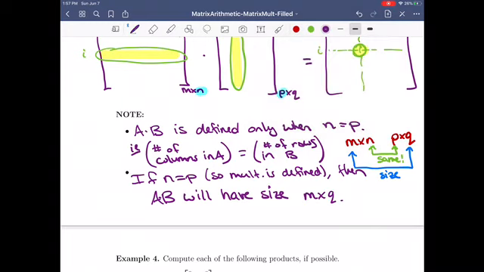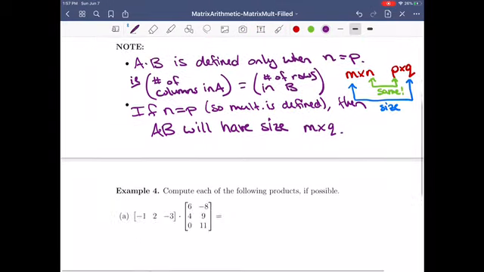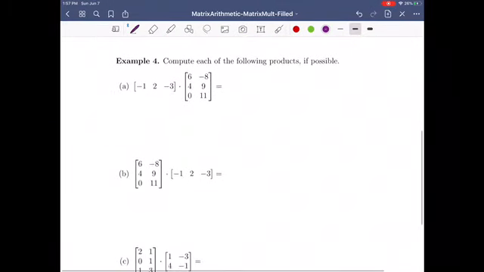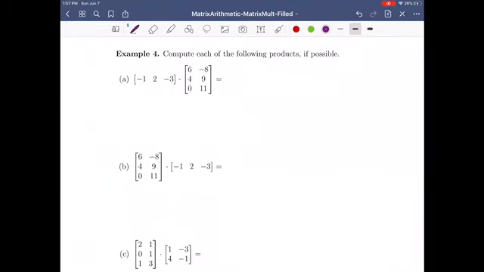So that's going to be our new size for our matrix. So let's do some examples to try and get the hang of this. We want to make sure that the multiplication is defined, so let's think about the sizes of each of these first. If this is matrix A and that one's matrix B, the first one is a 1 by 3 matrix, and the second one is a 3 by 2 matrix.